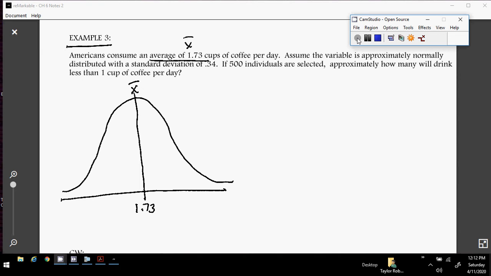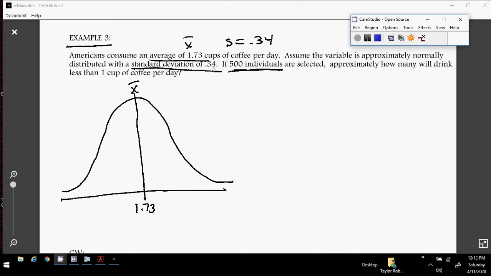Well, it tells me that it's normally distributed with a standard deviation of 0.34. So s equals 0.34. Then it tells me if 500 individuals are selected, okay, so that means that we are looking at 500 people, approximately how many of those 500 will drink less than 1 cup.